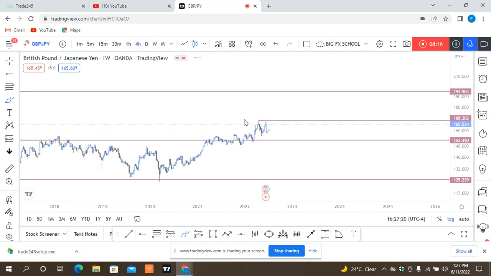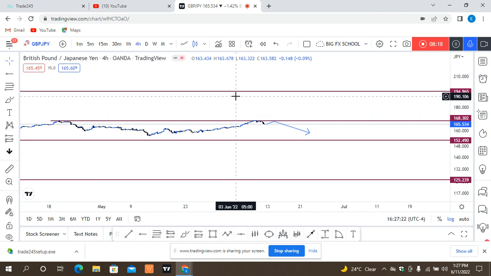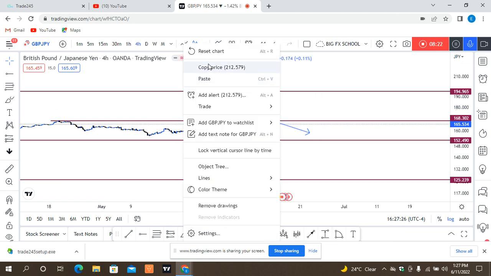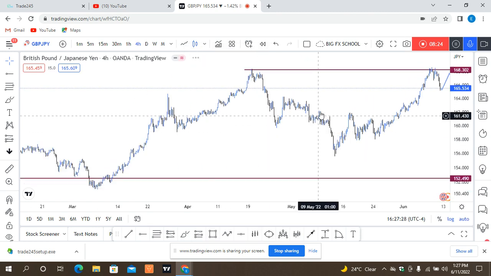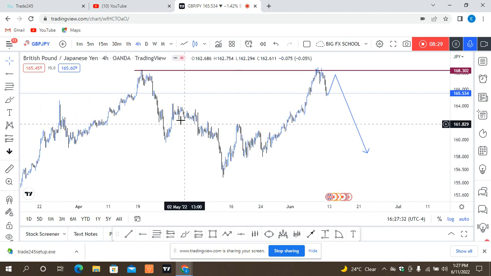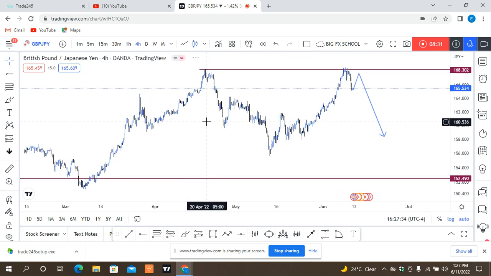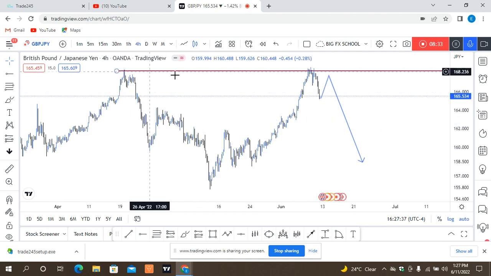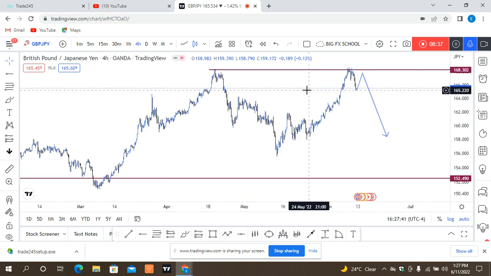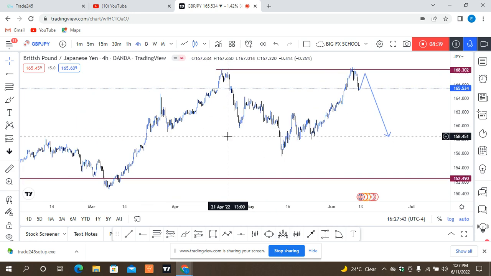When we come into the smaller time frame, we see price making higher high and higher low.